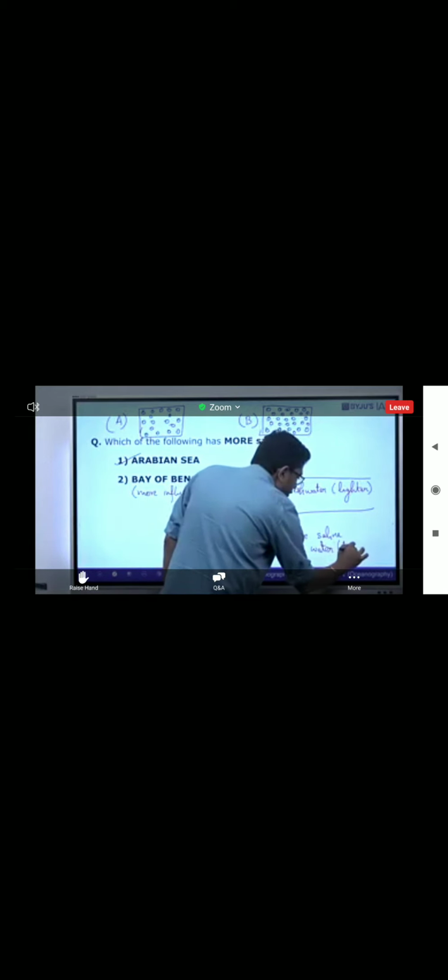Bay of Bengal will have saline water. So can we not say that when we consider Bay of Bengal, it will have two different layers? The fresh water, being lighter, will tend to float over the more saline water. Why? Because more saline water is going to be heavier.